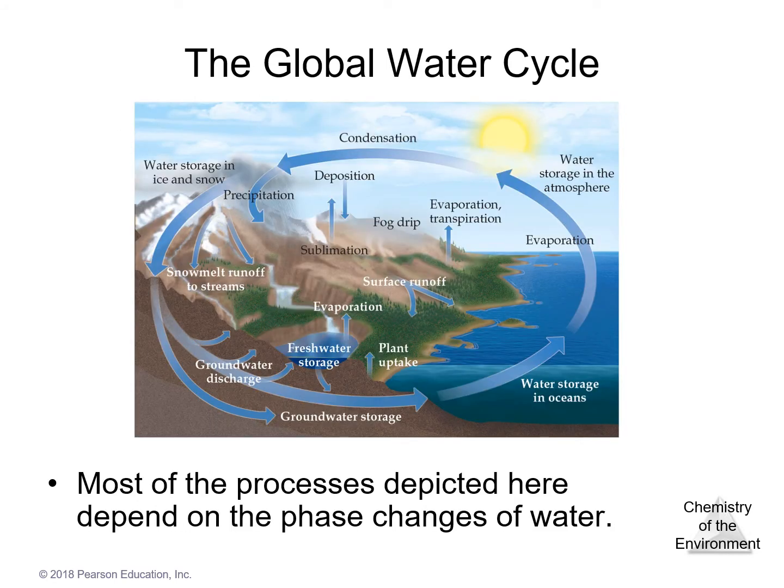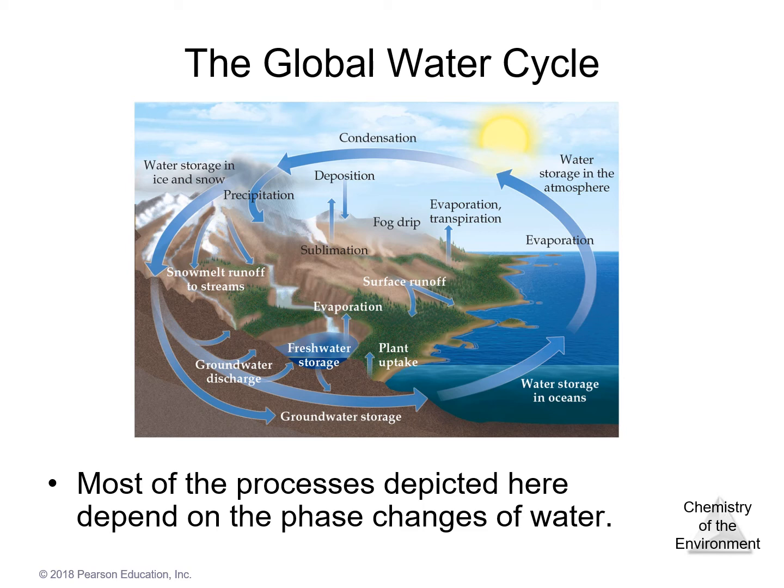Most of the processes depicted depend on the phase changes of water. And this is basically the global water cycle. You guys hear about this a lot in biology. So what happens is you have water stored in the oceans. It gets evaporated and goes up into the atmosphere.